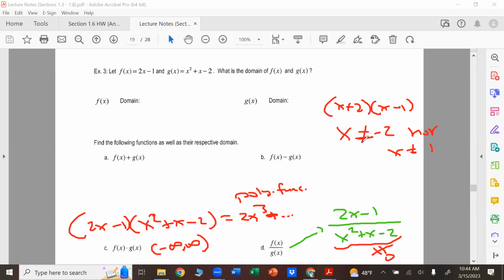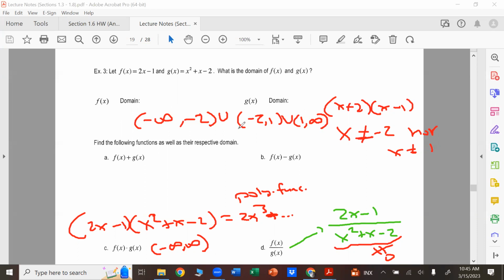So when you say the domain, you say -infinity to -2, union -2 to 1, union 1 to infinity. So that's your domain for that one.